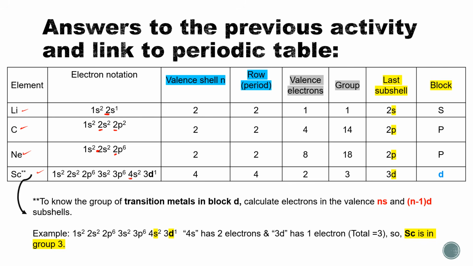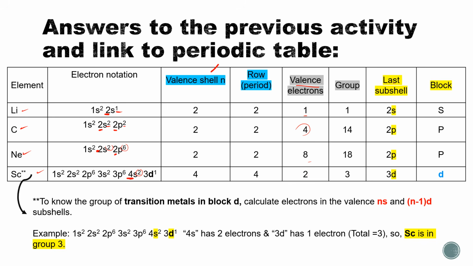And here it is 4. Right? This is the valence energy level. What about the number of valence electrons? 1. And here 2. Sorry, 2 and 2, 4. And here 6 and 2 is 8. And here we have 2.